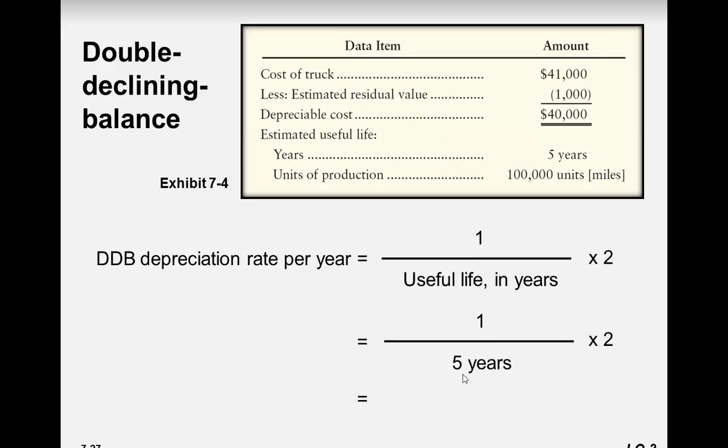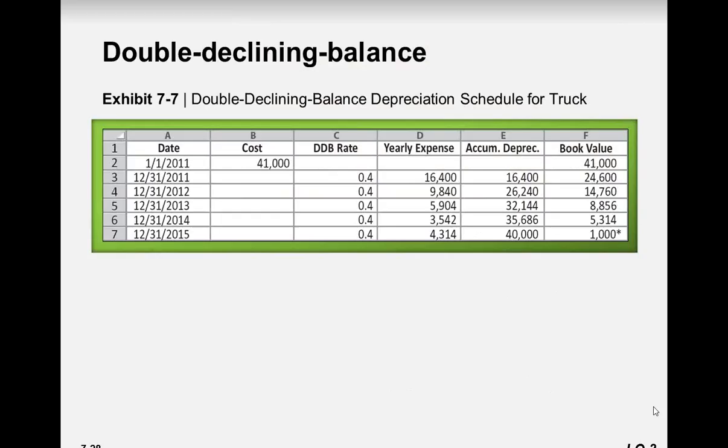So 1 divided by 5 is going to give you 0.2, or 20%. 20% times 2 would give us 40%. So that's our constant rate. As I said, we would multiply by a constant rate. The double declining rate would be 40%. If it asks you what the straight line rate is, it is 20%, 1 divided by the 5.